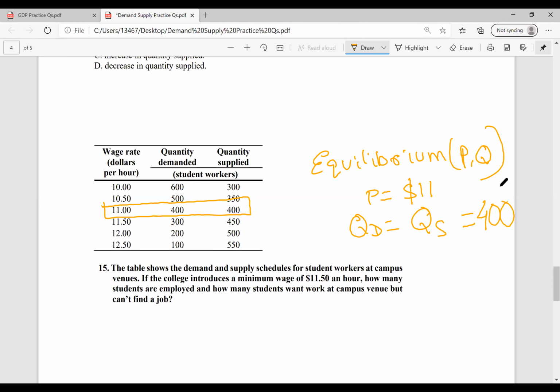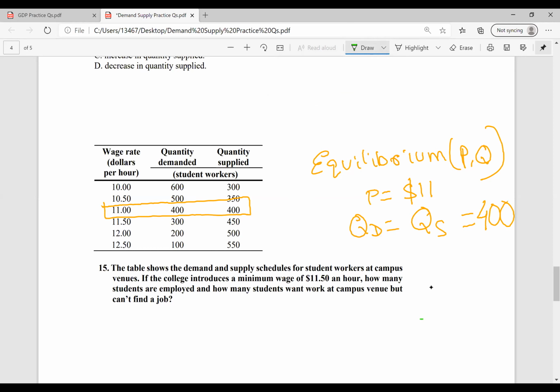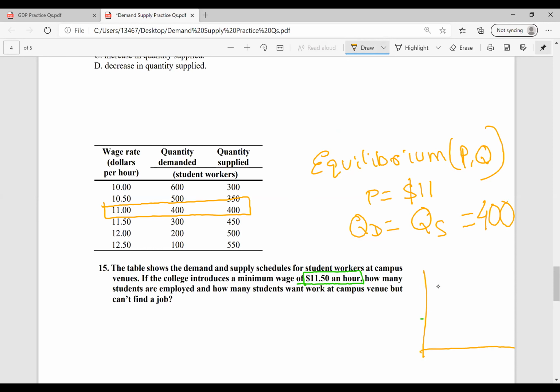The question here is asking me, the college introduces a minimum wage of $11.50 an hour. That means we have kind of a price floor here. Let's just draw this thing here.